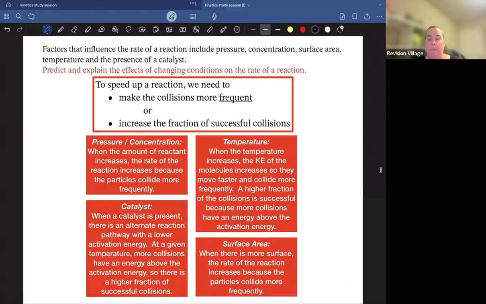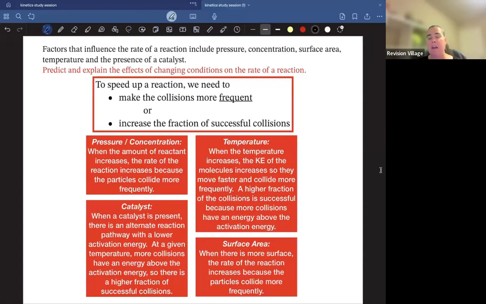More common than trying to define collision theory is to say, how do these different things affect the rate of the reaction? So I tried to identify 4 different ways that we could affect the rate of the reaction. We could increase the amount of stuff. If it's a gas phase, that means we would increase the pressure. If it's a solution phase, that means we would increase the concentration.